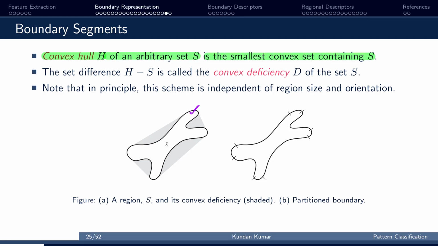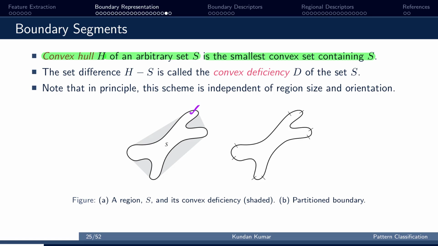So we can find a convex shape so that this S will be totally contained in this convex hull. So what is the smallest convex set? How can we find it?